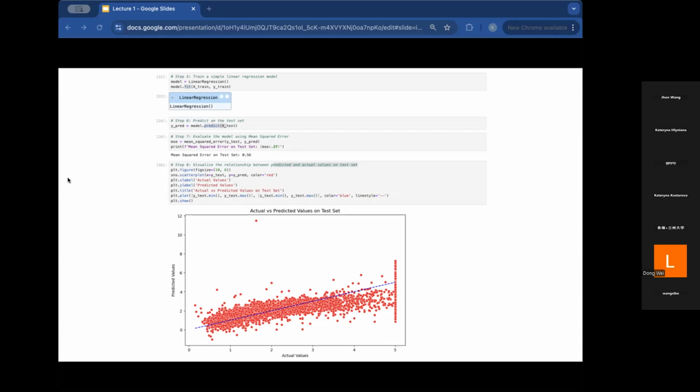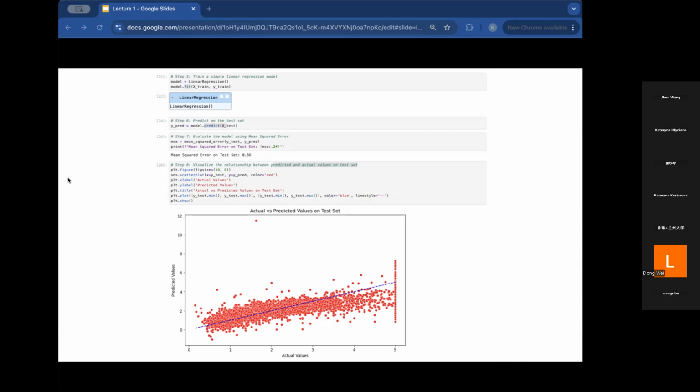And finally, we evaluated the performance of the model using mean squared error. In this example, the MSE on the test set was 0.56, which gives us an indication of how well our model is performing. And for a dataset like the California housing dataset, the MSE is generally reasonable, but not excellent.